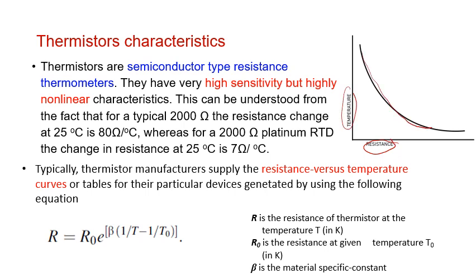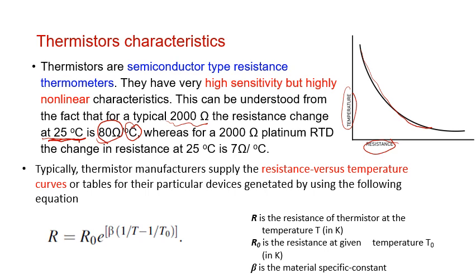As you see here. Now if I want to compare the sensitivity of the thermistor to the sensitivity of the RTD, considering in both cases 2000 ohm resistance for the sensor, it's found that for the thermistor, if the temperature is changed by 25 degrees Celsius, there will be a change of 80 ohm per degree Celsius.